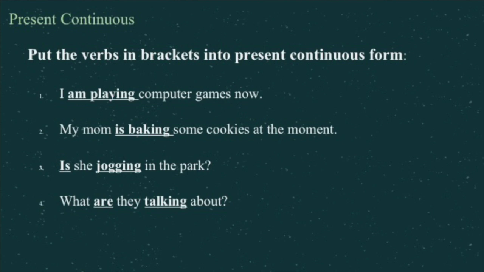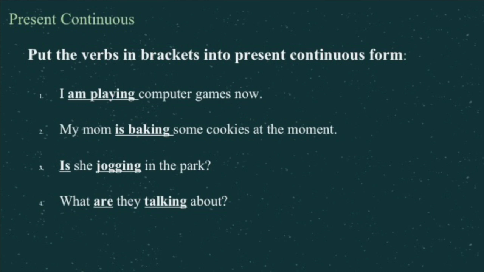Number 3, it is a question, and the subject is she. So before the subject she, we use the verb to be is, and then we add -ing to the verb jog. But remember that the verb jog, it is a verb with one syllable, động từ một âm tiết, and it ends in a consonant, a vowel, and a consonant.